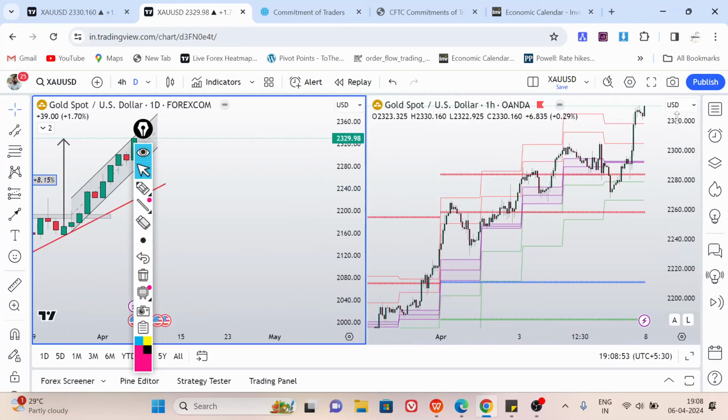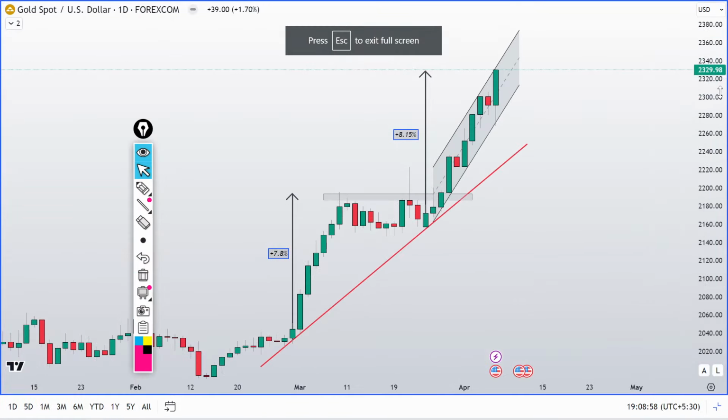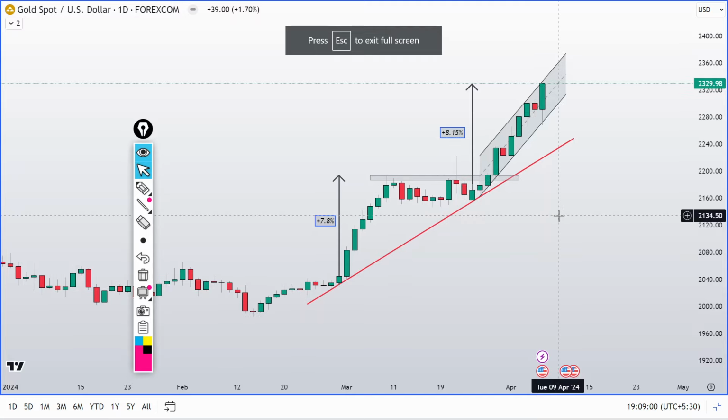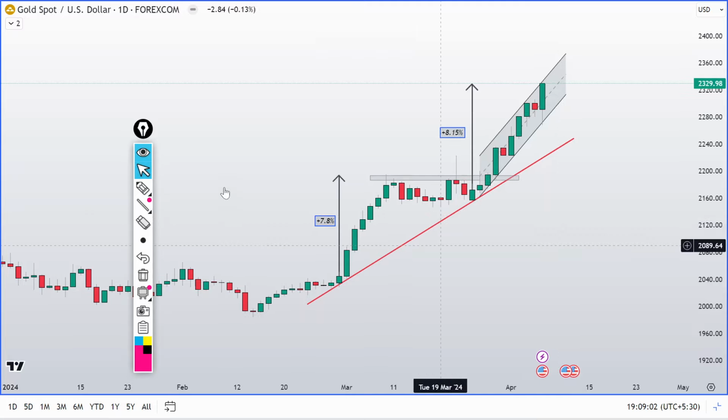this is the scenario currently on the daily time frame, and the main thing that we have to watch is this trend line, because in the previous bullish move gold price made a good bullish rally.